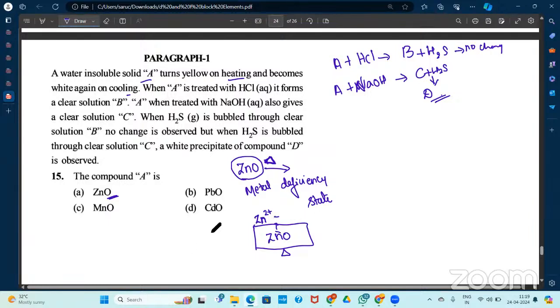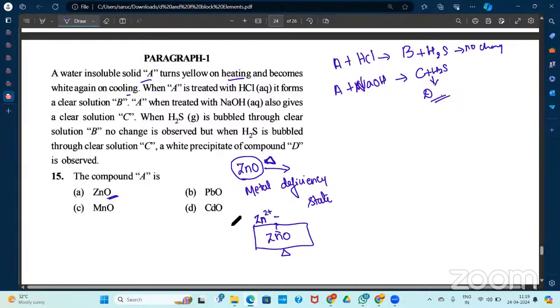Now you have zinc and oxygen inside the crystal lattice. Zinc 2+ will give out 2 electrons.